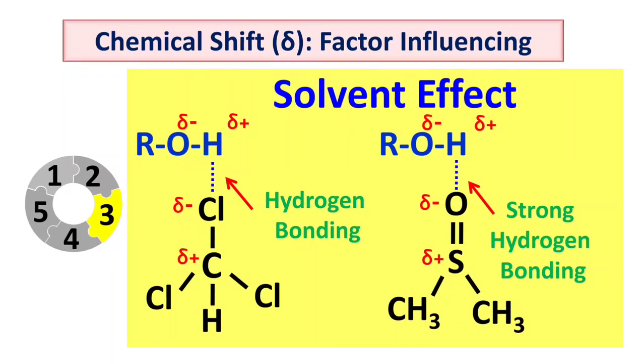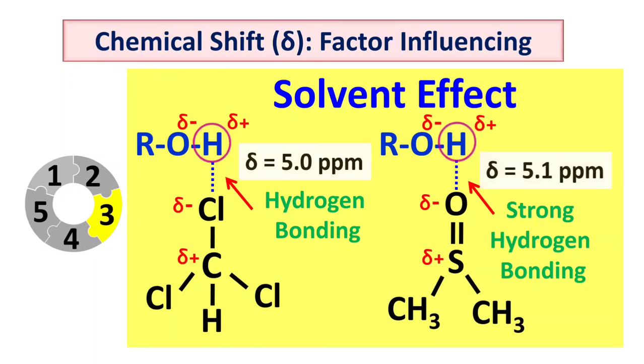And why is it strong? Because the electronegativity of oxygen is higher than chlorine, and hence the hydrogen and oxygen linkage is strong as compared to the H and Cl linkage. So you can see this kind of effect also significantly influences the delta value.